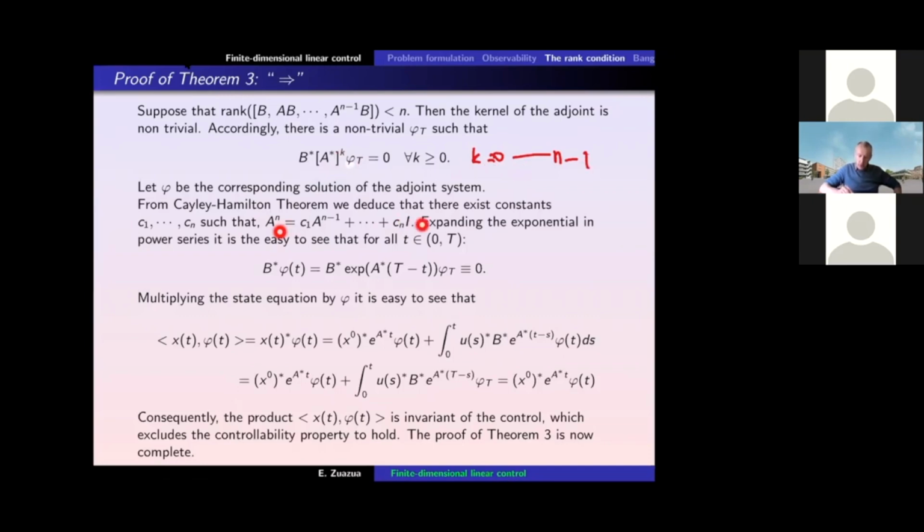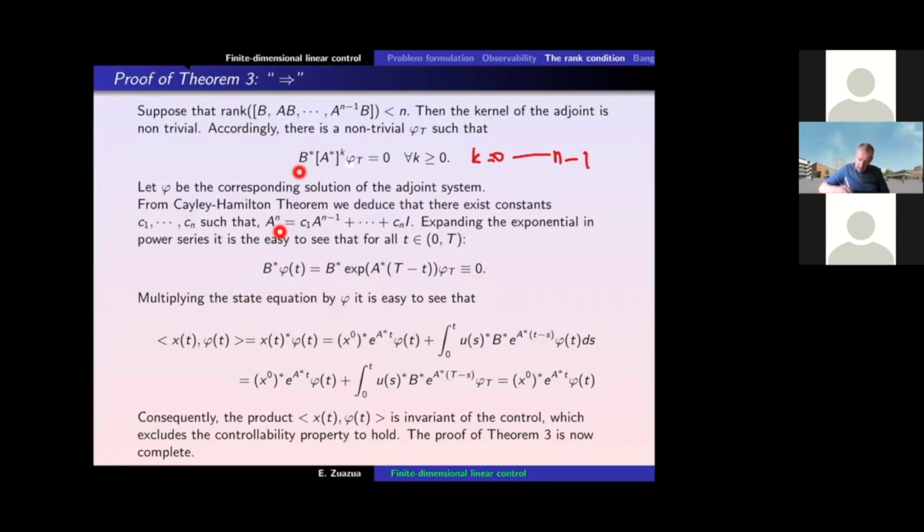And therefore, phi T will be in the full kernel of the exponential function generating the adjoint ODE. In other words, B star phi T will always be equal to 0. Why? Because B star exponential of A star can be expanded in power series out of all the possible powers in here.